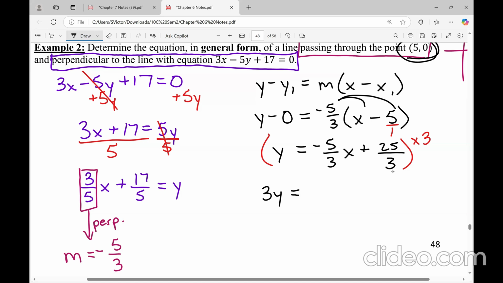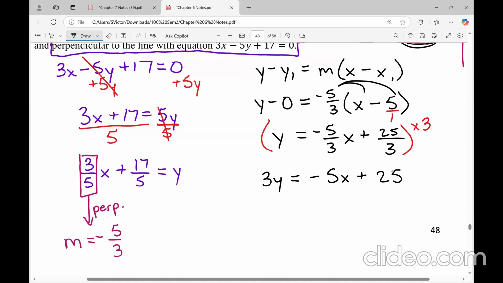Please remember as well, when you multiply a fraction by its denominator, it just cancels out the denominator. So if I go -5/3 times 3, it's just -5. Don't forget the x. Plus, if I go 25/3 times 3, it's just 25. Okay? If you want to do this multiplying the long way, you can, but this is the quickest way.